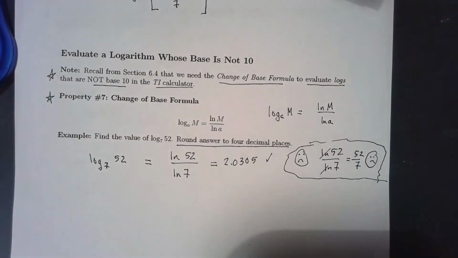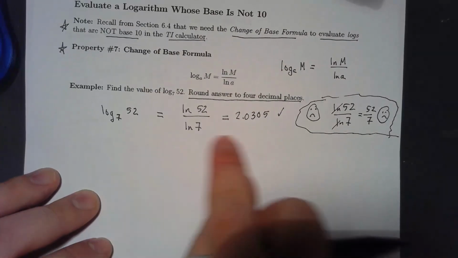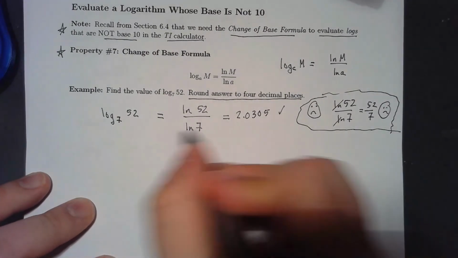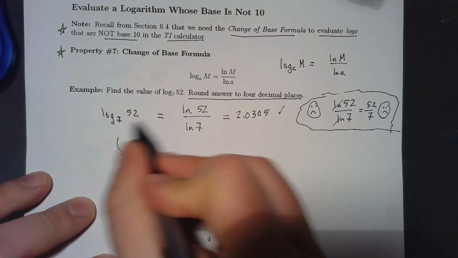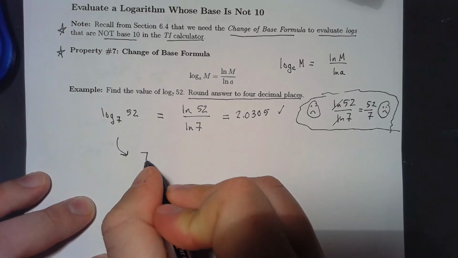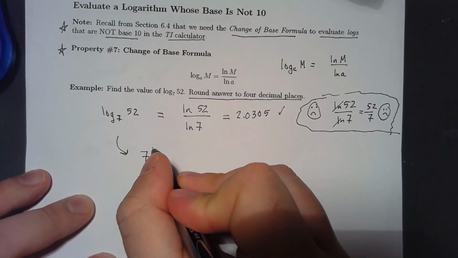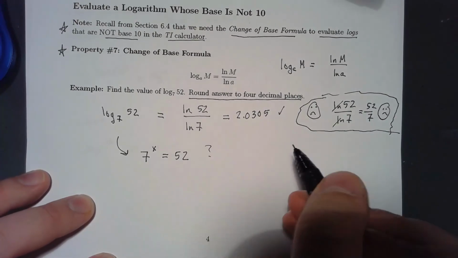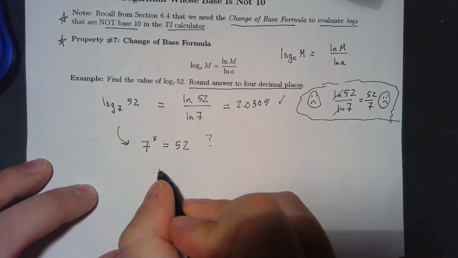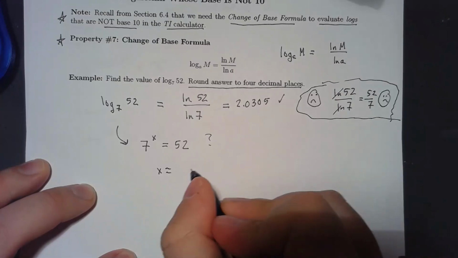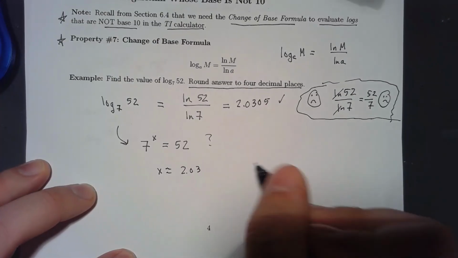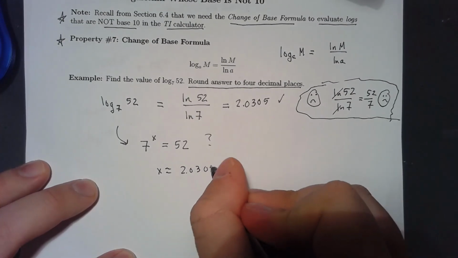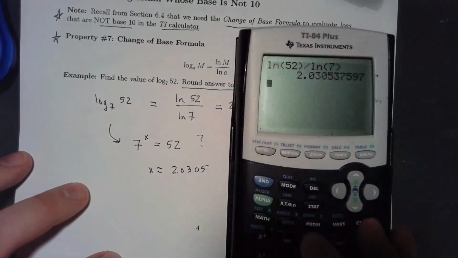So that's what this would be. What does this really say? If I wrote this as an exponential, this is saying 7 to what power gives me 52? Well, the power is roughly 2.0305.